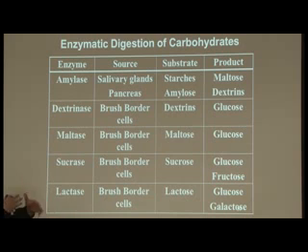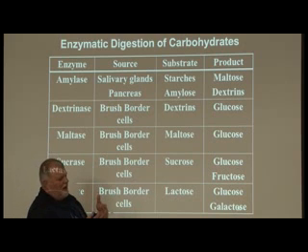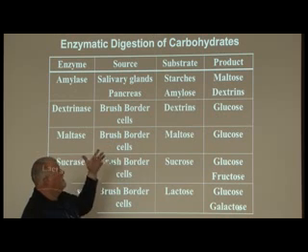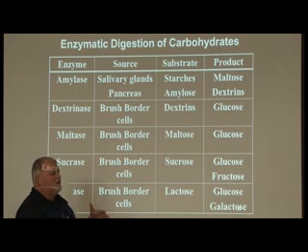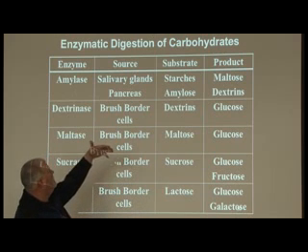As we look at these enzymes, we have very large macromolecules called starch, which is the way we get complex carbohydrates from plant material. We could also add glycogen, which is the way we get complex carbohydrates from animal material.